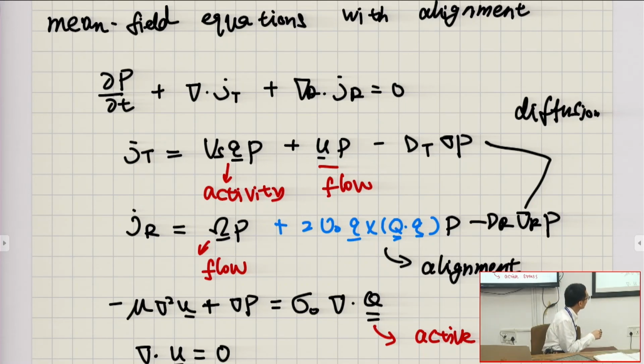Let's check this equation. We suppose that P does not depend on space. What happens to this term? The spatial gradient. That goes to 0. We have this guy left. So let's examine that term in more detail.